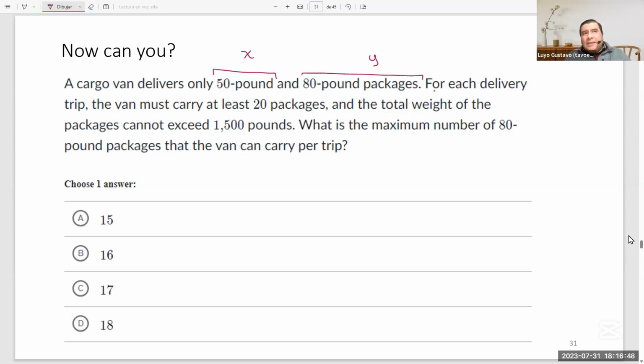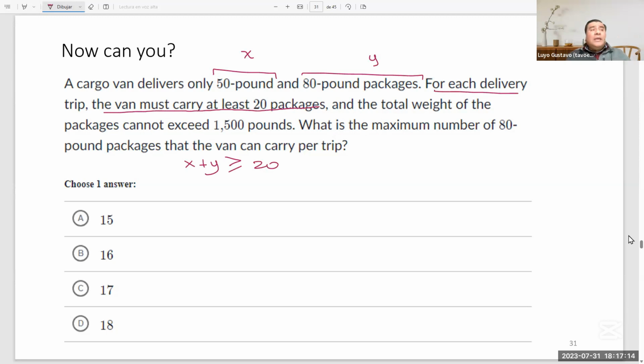There is this statement that says for each delivery trip, the van must carry at least 20 packages. What is the total number of packages carried by the van? X plus Y. So, this total number must be at least 20. We can represent this with this inequality. The total number of packages carried must be greater than or equal to 20.